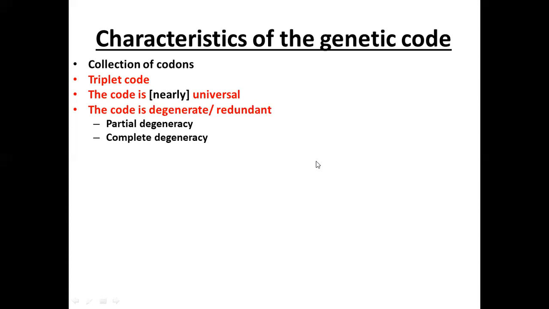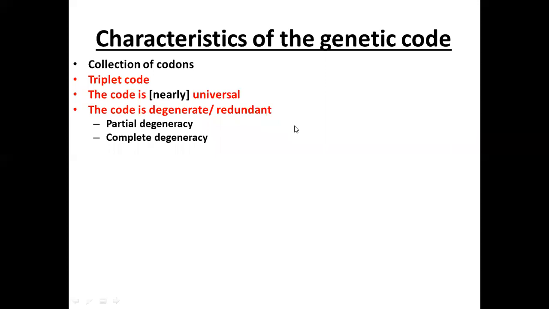All amino acids except for methionine and tryptophan are coded by more than one codon. Methionine is coded by one codon, and tryptophan is also coded by one codon.